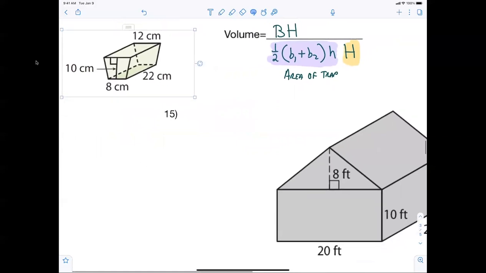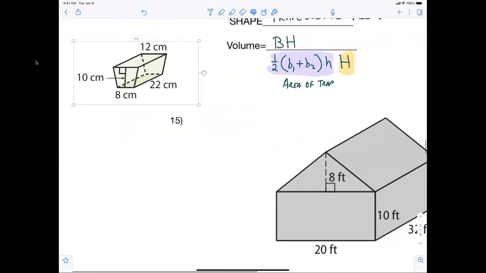Okay, Maya, what are the two bases of the trapezoid? 12 and 8. Yes, 12 plus 8. What's the height of the trapezoid? And what's the height of the prism?